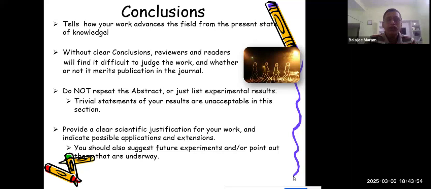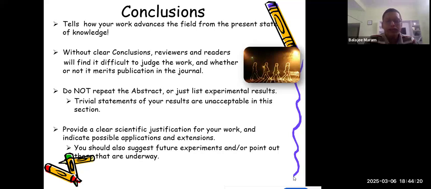That is the reason you need to take care about the conclusion, and you need to give many comparisons and statistical numbers like that. Then the reviewer can easily understand the merits of your paper.